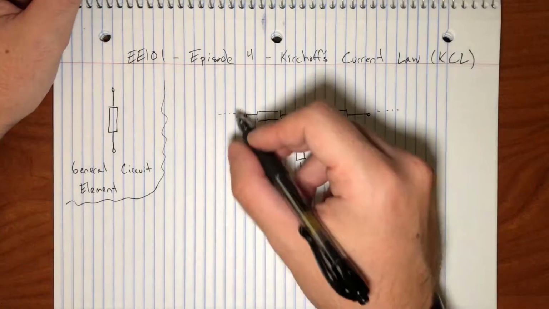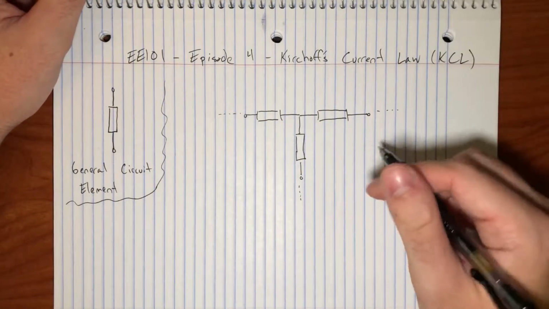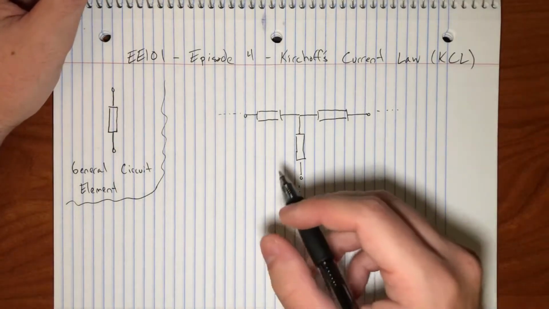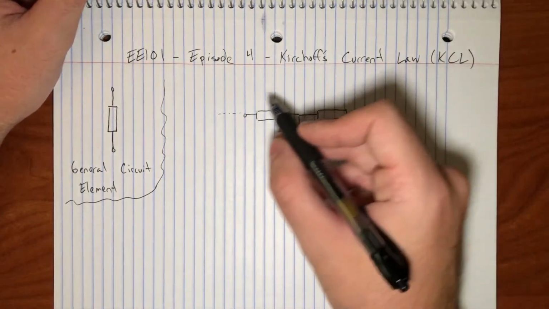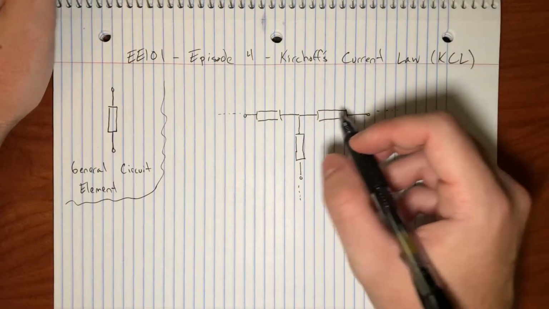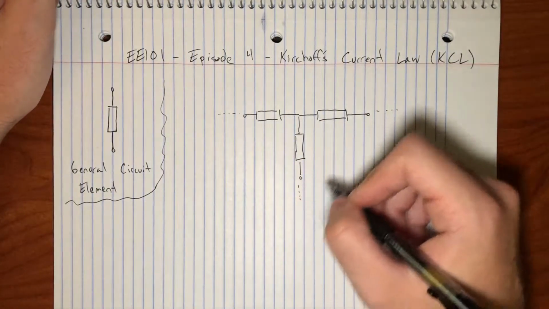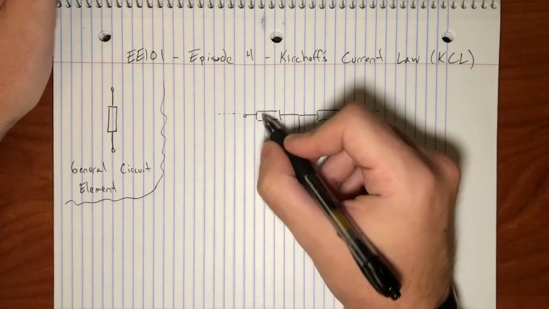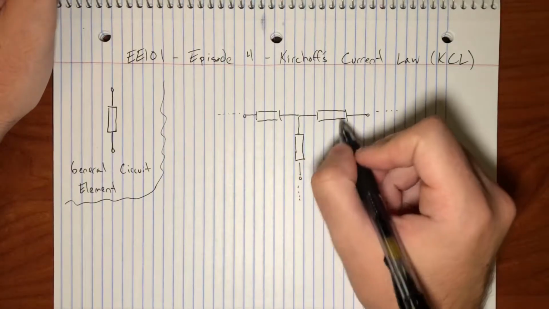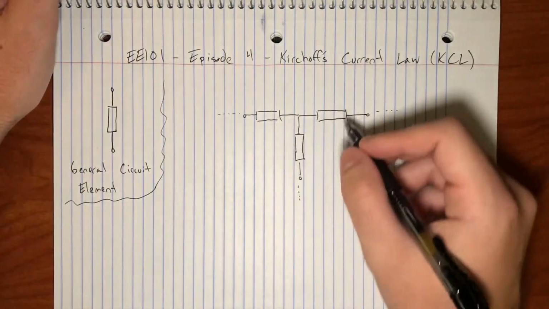I'm not bothering to close these loops. I'm just doing these little dots off to the sides to indicate that there's more to it than this, but it's okay for us to analyze just this one section of this circuit for what I'm about to talk about. So, based on what I just said, I've got these little dots here showing that these go off and connect to other things, and I've drawn these rectangles just to indicate that there's circuit elements here, and it doesn't matter what they are. I'm just trying to keep this general.